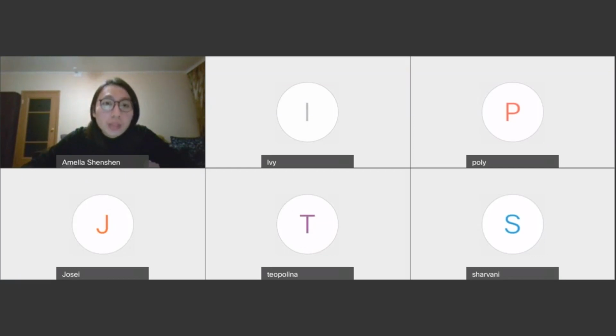Okay, so the problem about GERD is the lower esophageal sphincter, that diaphragmatic constriction that we talked about earlier on.